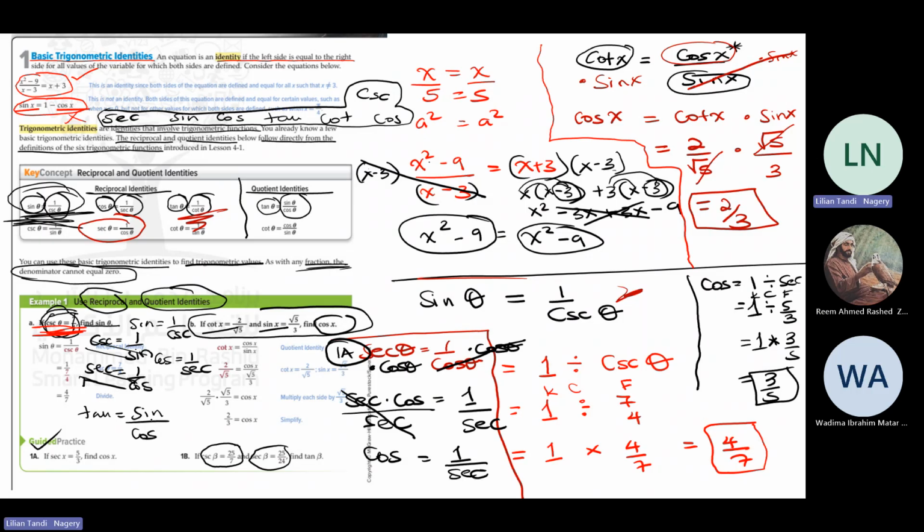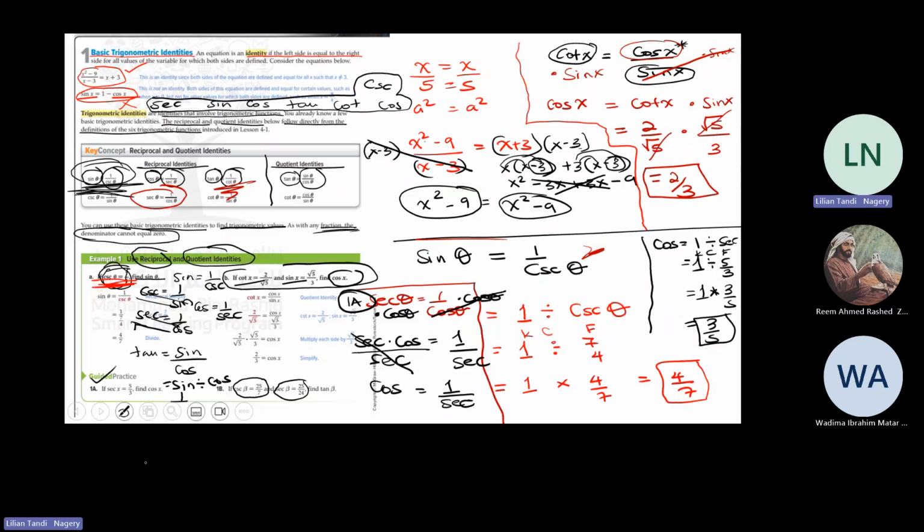Yes. Okay. Now I want to divide who? Sine, divide cos. We together up to there? Yes. How do I write sine? 1 over cosecant. I don't have space.